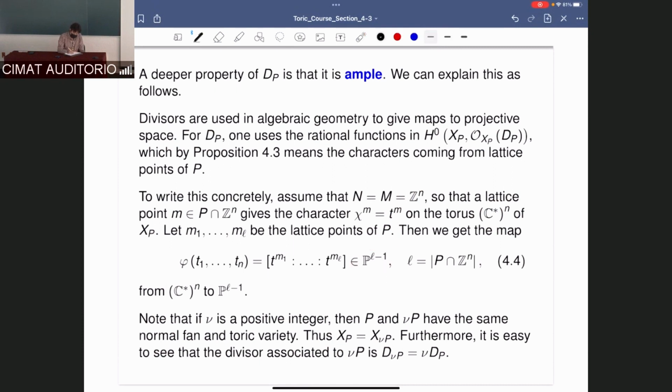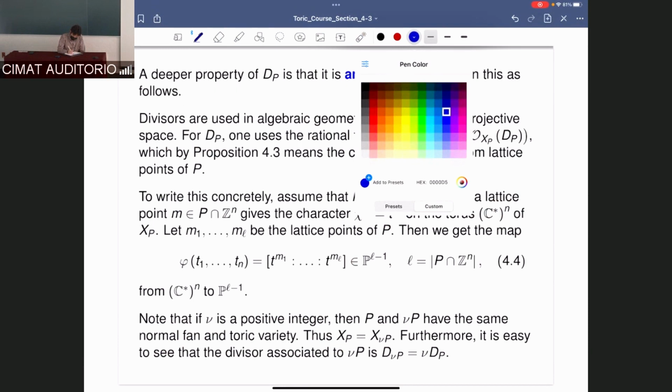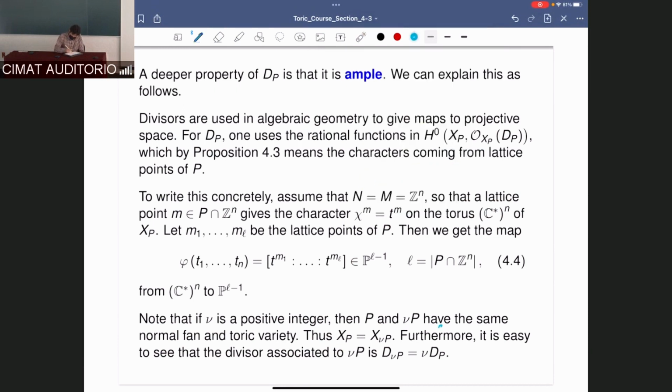So let's say one word again about the procedure. What are we doing? We start from a polytope. That polytope has some lattice points, M1 to M sub L in the notation that we're using over here. Each one of those gives you concretely this over here.